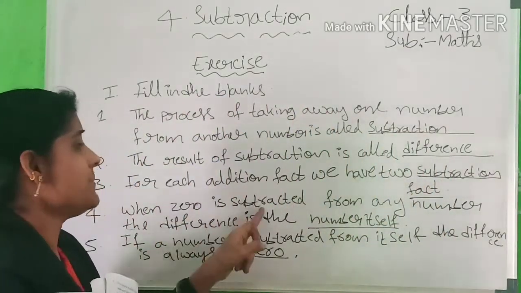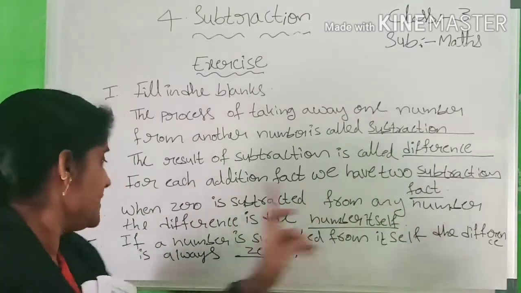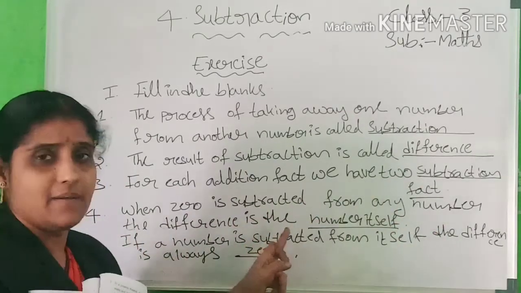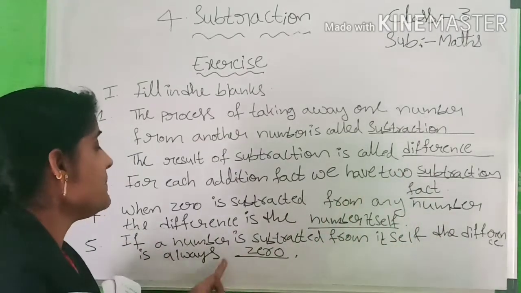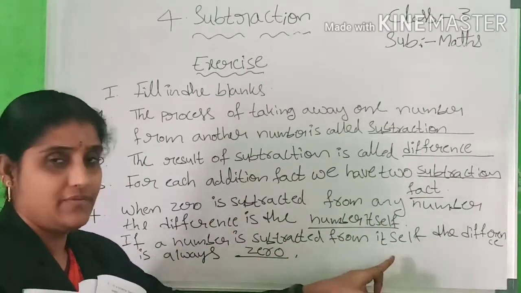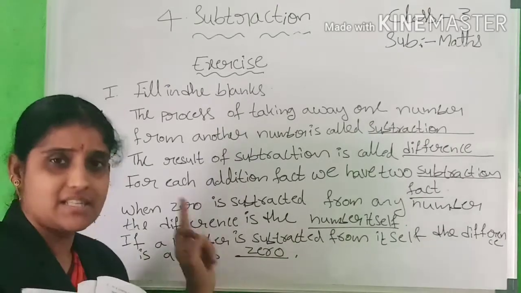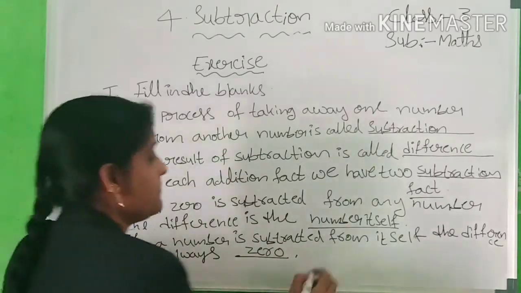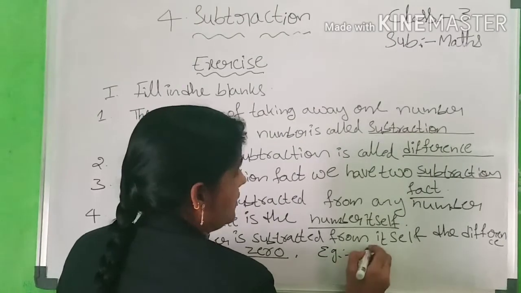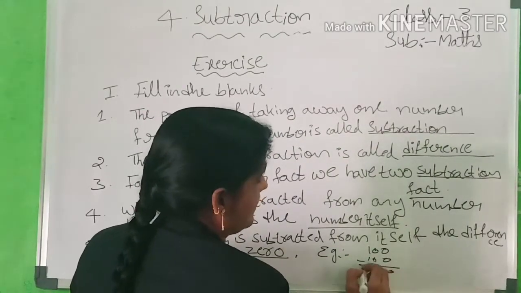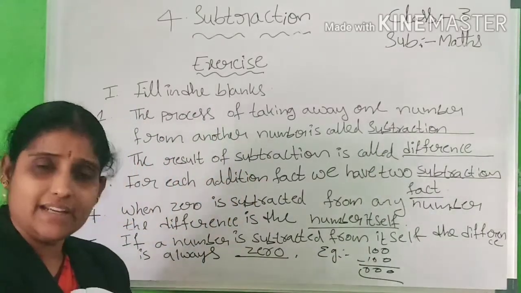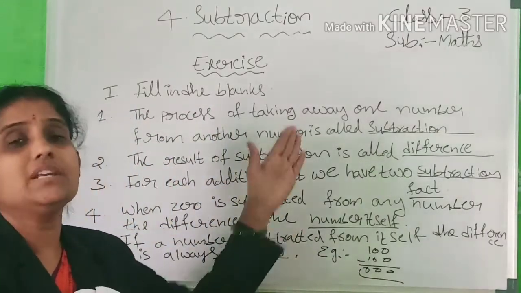When 0 is subtracted from any number, the difference is the number itself. If a number is subtracted from itself, the difference is always 0. For example, 100 minus 100, we will get 0. Note this one.